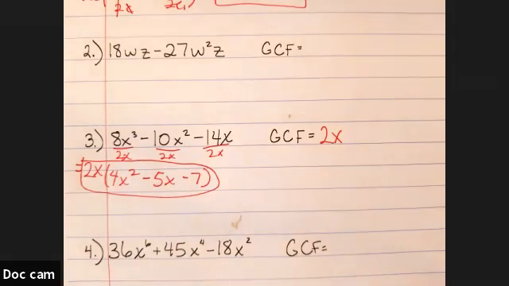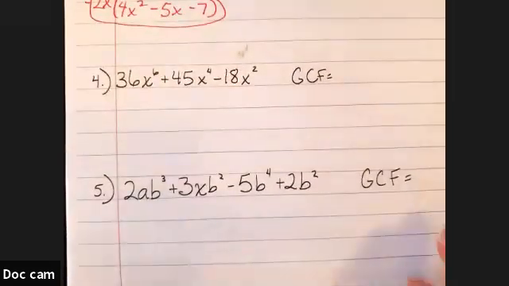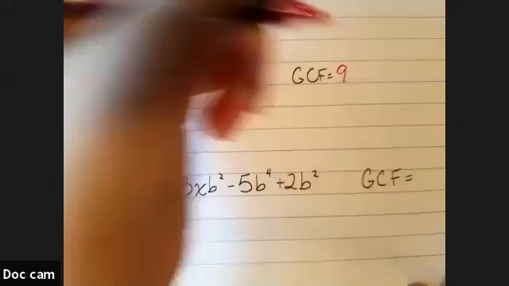On number 4, the GCF is going to be, let's see, 9. And for the x, you would do x squared.